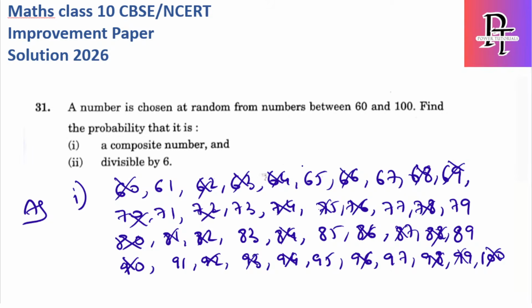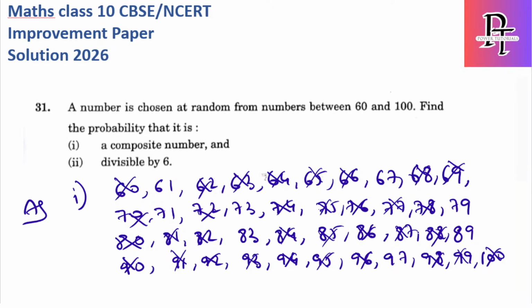Multiples of 5: 65, 85, 95, 5 multiples are done. Next, multiples of 7: 63, 70, 77, 84, 91, 98. 7 is done. Next prime number is 11.